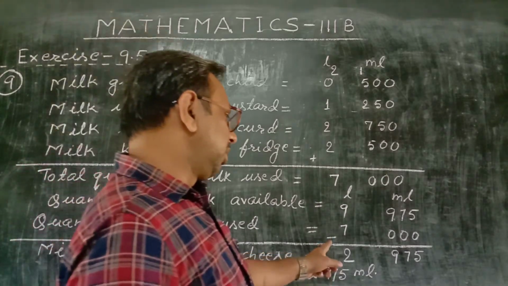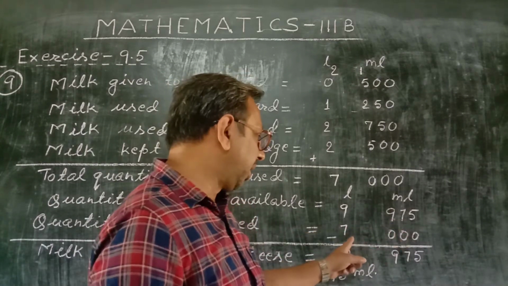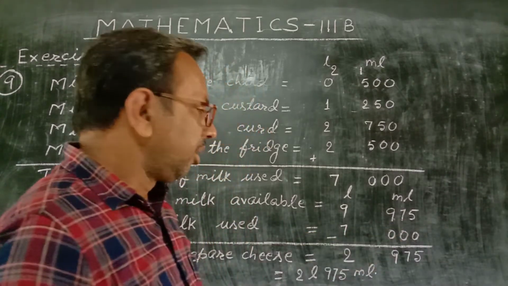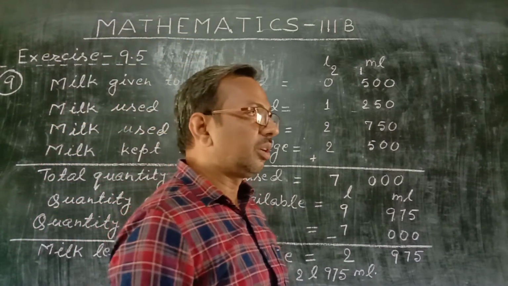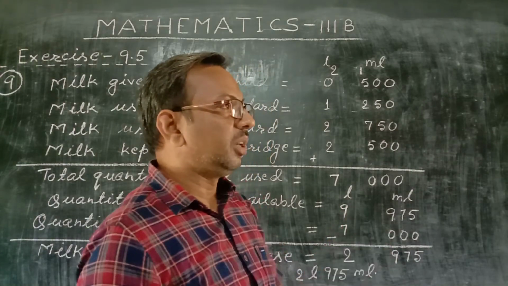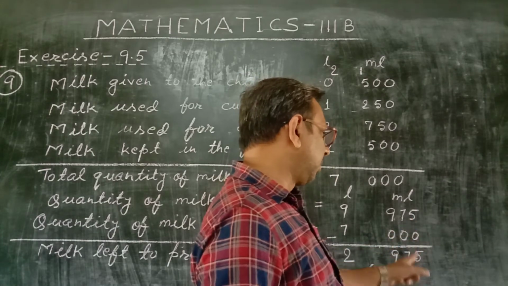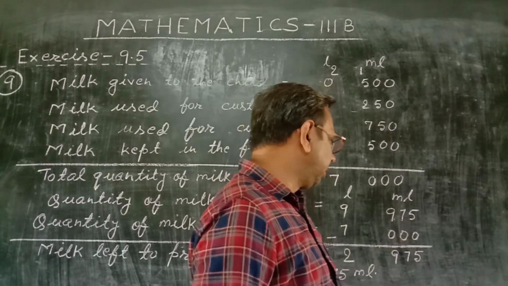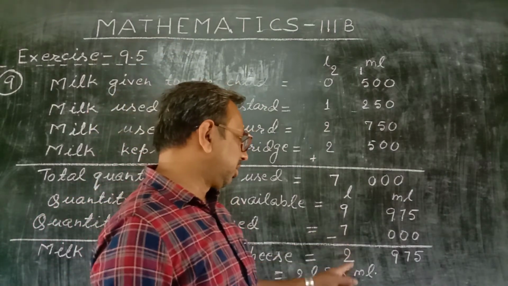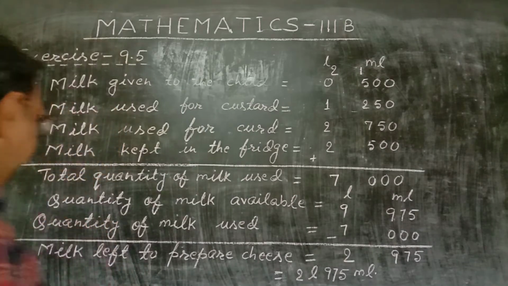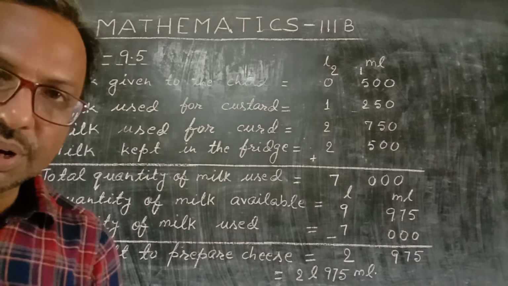For that I have given here sign of minus: 9 liter 975 milliliter minus 7 liter. First of all, we will subtract the column of milliliter because column of milliliter is smaller than column of liter. Here 975 minus 0, so 5 minus 0, 5, 7 minus 0, 7 and 9 minus 0, 9. Now we come to the column of liter to subtract 9 and 7, 9 minus 7 equal to 2. So milk left to prepare cheese equal to 2 liter 975 milliliter.